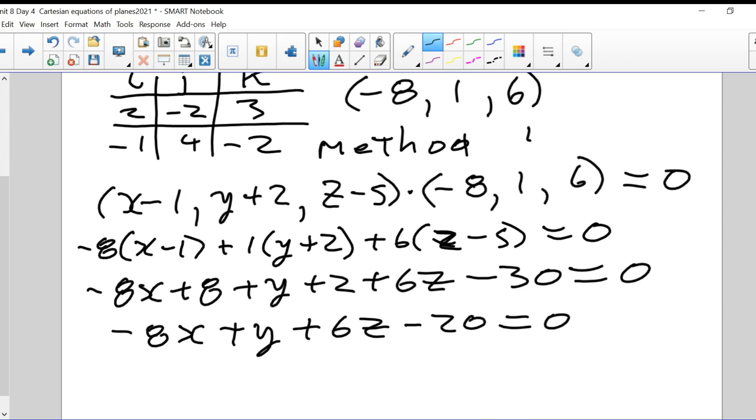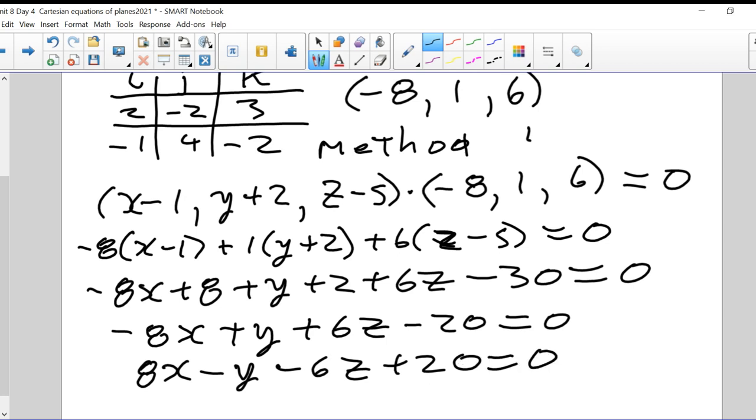So what we now have is what we could call a standard form, except for one thing. If you remember this from grade 9, when you're using standard form, you always like to have the x positive, and that's why it's standard. You have some rules about what makes it standard. We're going to change that minus 8 into a plus 8x, which means we're multiplying everything through by minus 1. So 8x minus y minus 6z plus 20 equals 0. That represents your Cartesian equation.